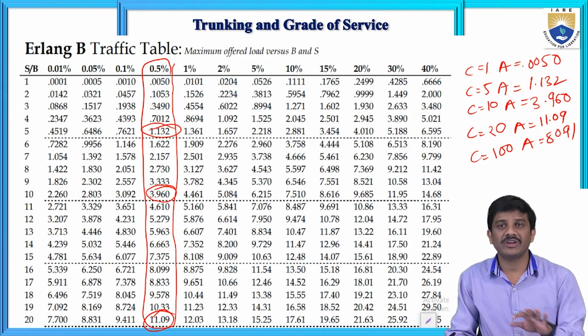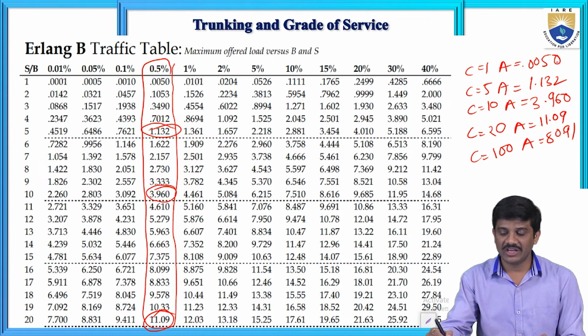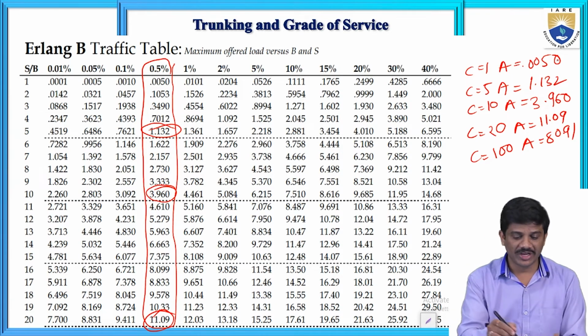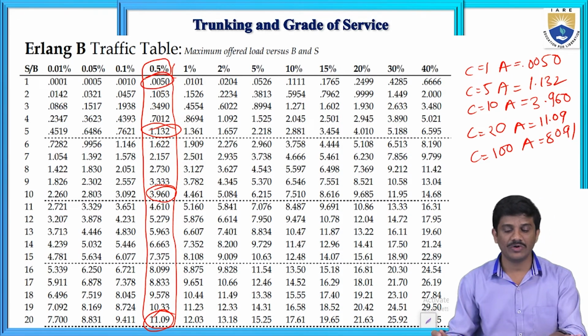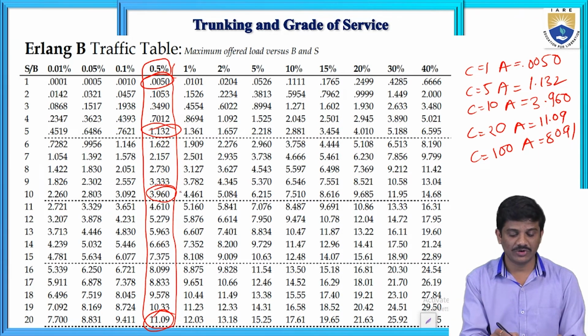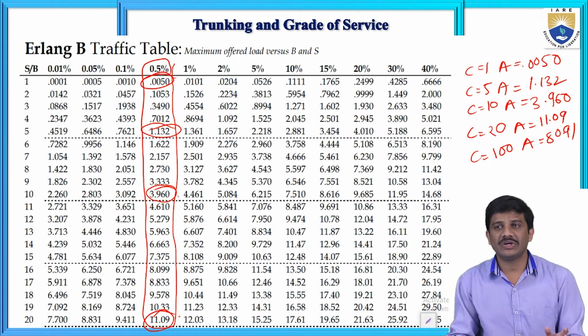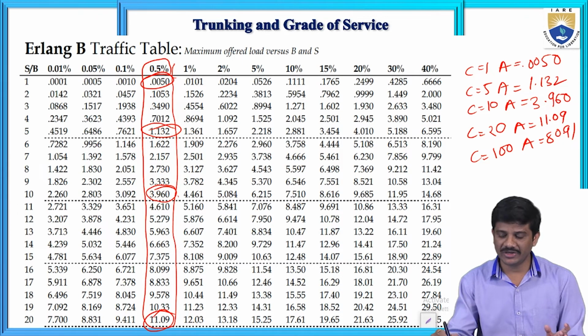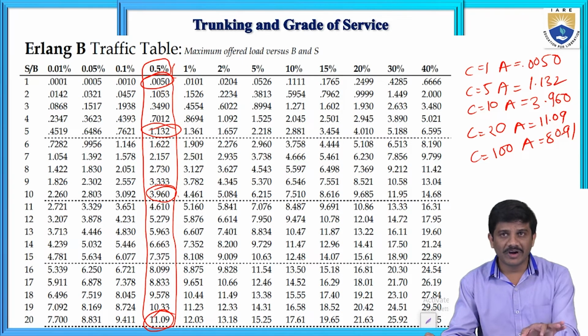From it we can find out A for the corresponding channels: C equal to 1 is 0.005, 5 is 1.132, 10 is 3.960, 20 is 11.09, and 100 is 80.91.